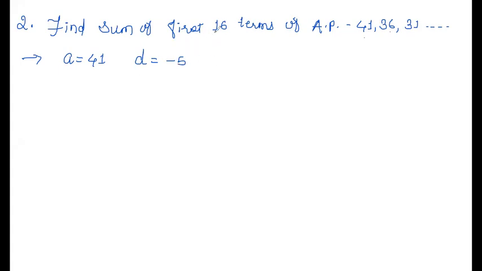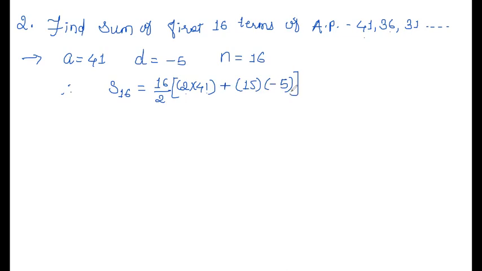And the total sum of first n terms: what is the value of n given here? 16 terms. So S16, that is Sn, is equal to 16 by 2 in bracket 2 into 41, 2 into a, plus n minus 1, so 16 minus 1, that is 15, and d is minus 5.